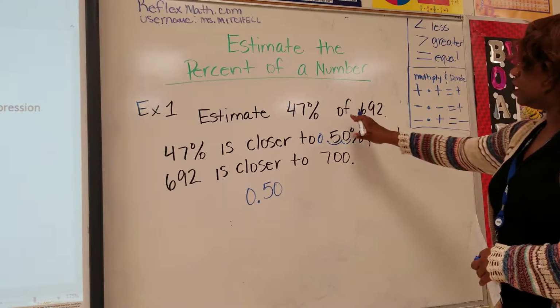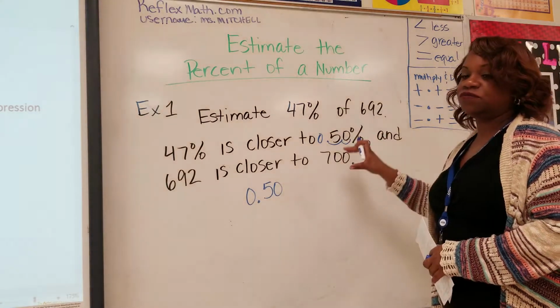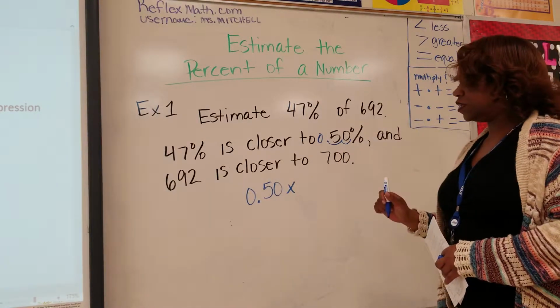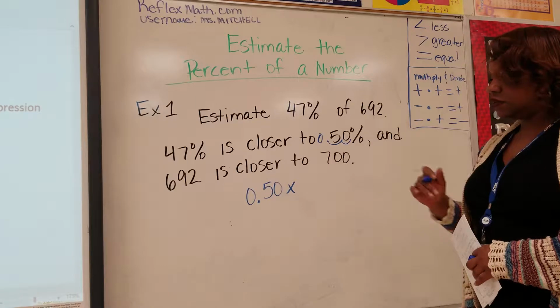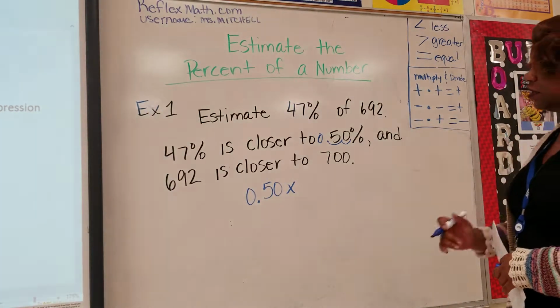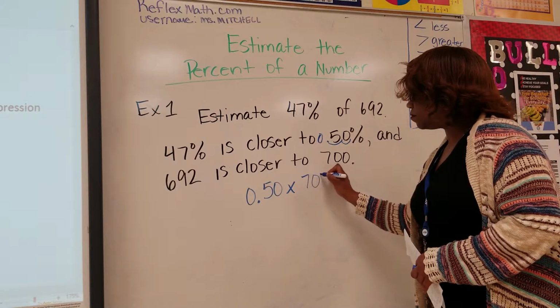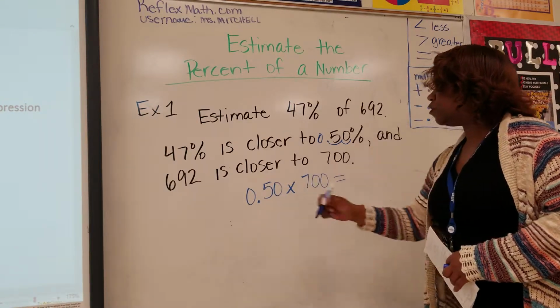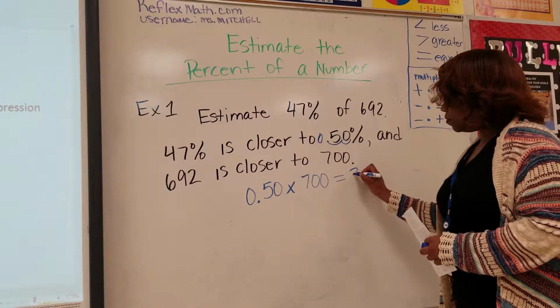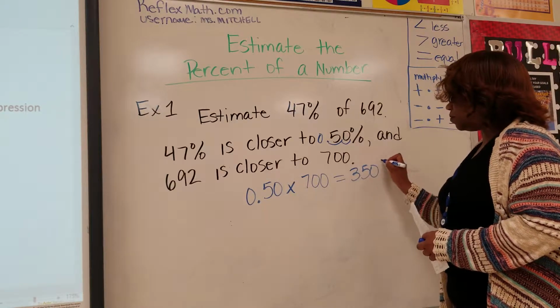And the "of," remember, we have to multiply. Then we take our new estimation of 692. Remember, we said it was closer to 700. So 0.50 times 700 will then give us 350.